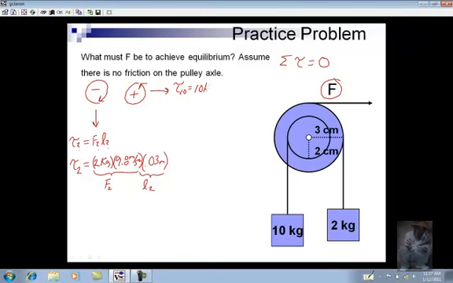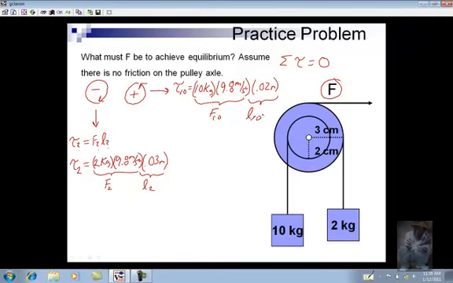So 10 kilograms times 9.8 meters per second squared. And what's its lever arm? Okay, 0.02. So its force is F sub 10, and its lever arm, I'm going to call L sub 10.